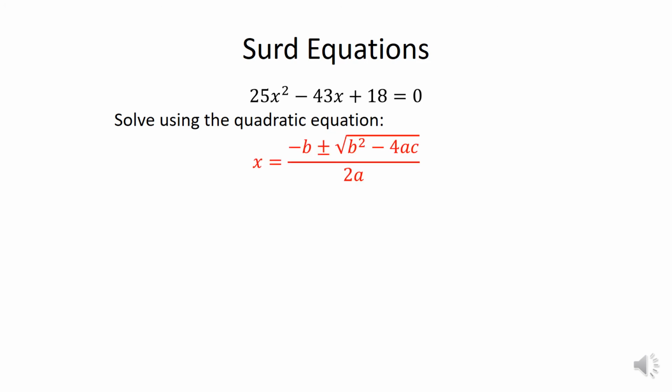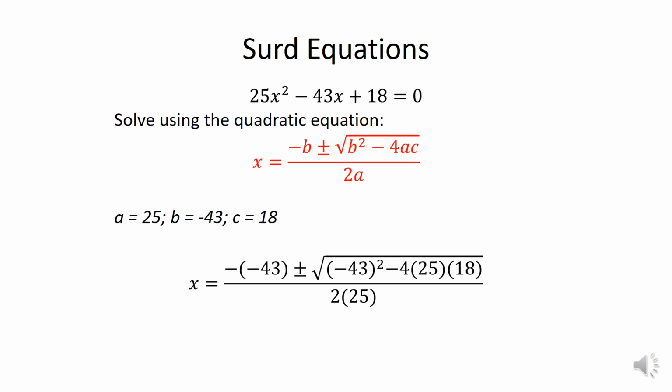Using your equation, a is 25, b is minus 43, don't forget the minus, and c is 18. Now you can use your scientific calculator. It'll do it all at once for you, which is fantastic. Remember, once we use the plus sign and once we use the minus sign, giving us two answers. The first answer is 1 and the second answer is 18 over 25.